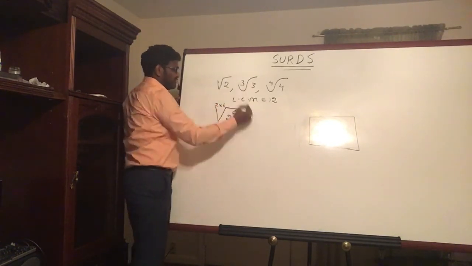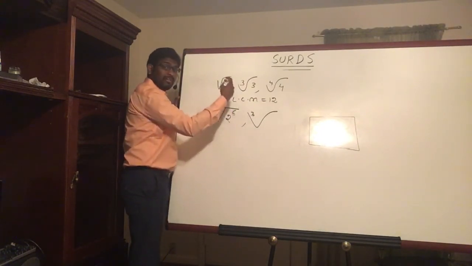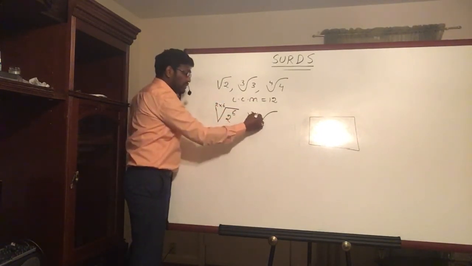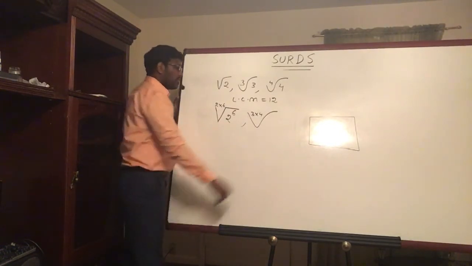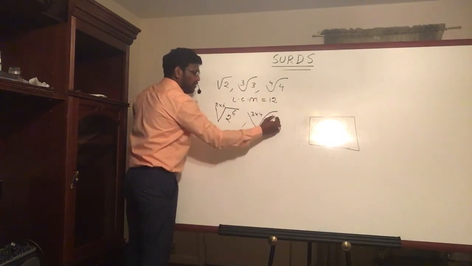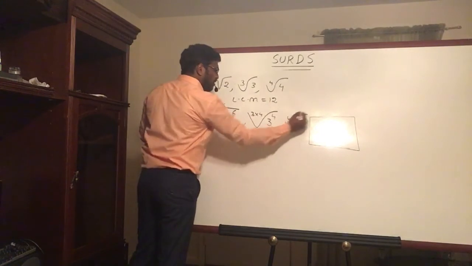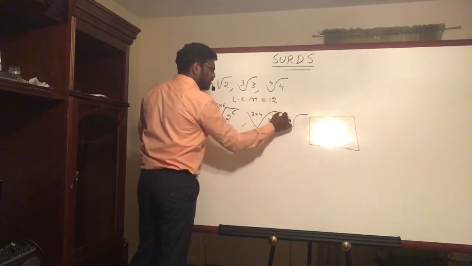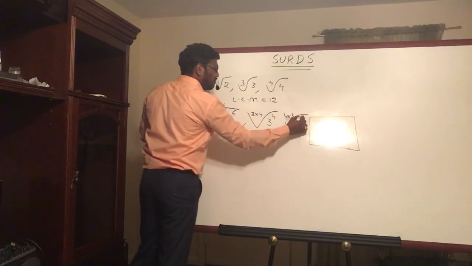For the next one, the order is 3, so to get 12 we multiply with 4, and whatever we multiply, we put inside as the power: 3 power 4. For the fourth root of 4, to get 12 we multiply with 3, so 4 power 3.